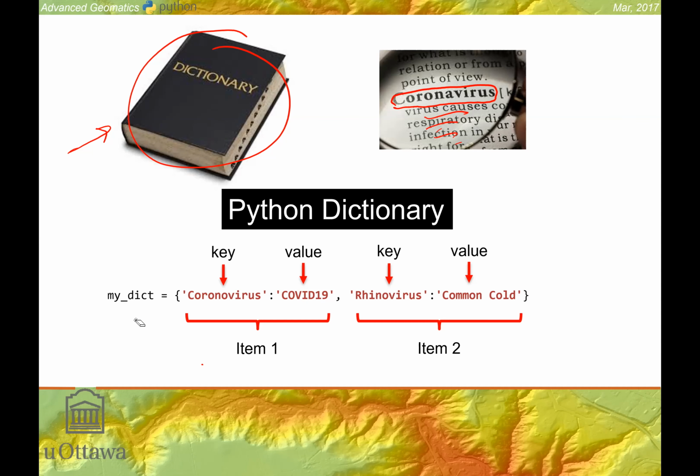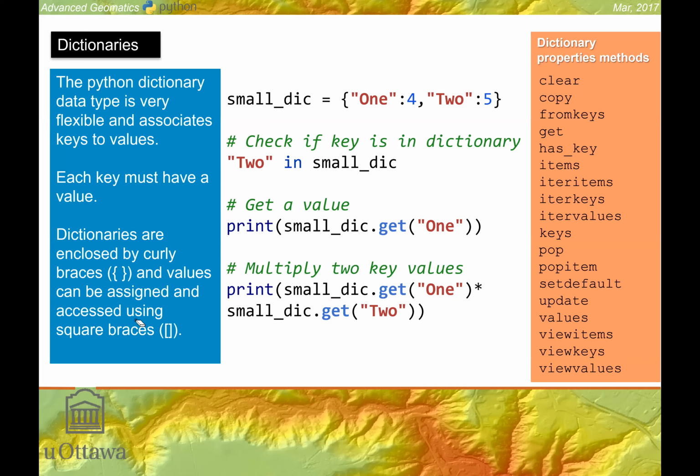So Python dictionaries are structured quite straightforwardly, and they mimic the structure of a regular dictionary, hence the name. Here we have another example. We have this small dic, a small dictionary, and it has two items.